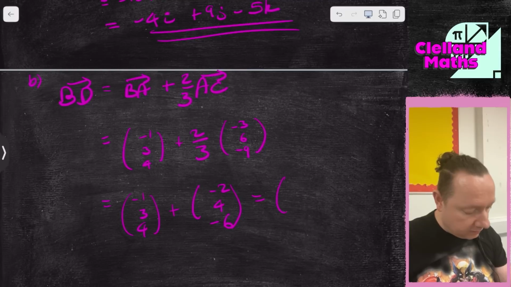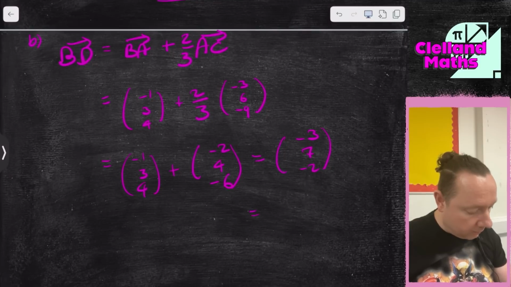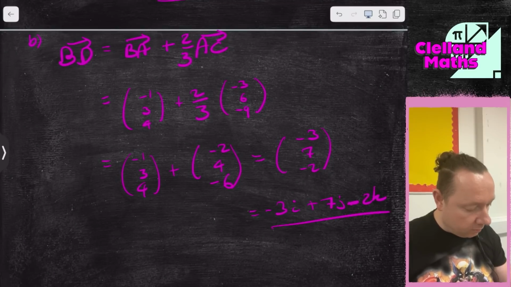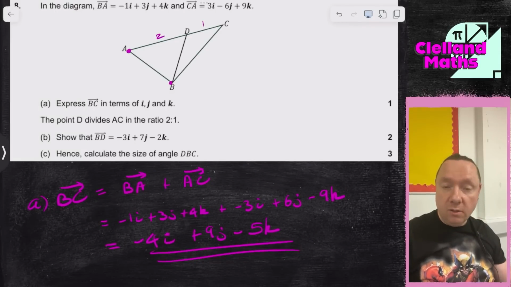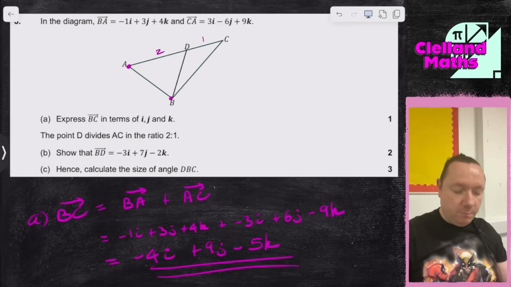So that equals -3, 7 and -2. Or that equals -3i plus 7j minus 2k. Is that what it was looking for? -3i plus 7j minus 2k. So I've done that.